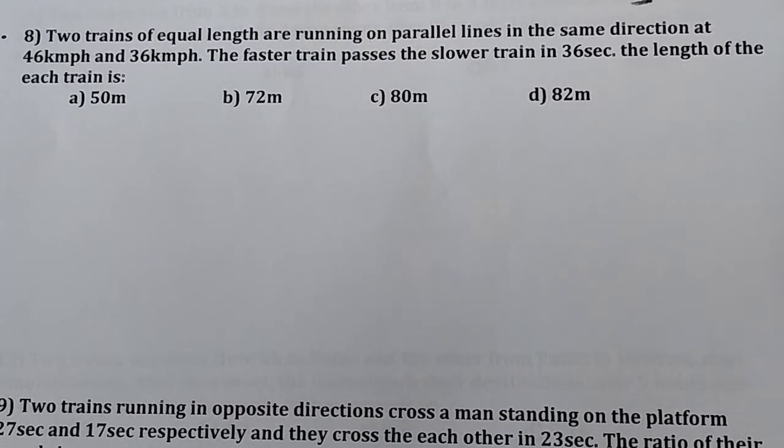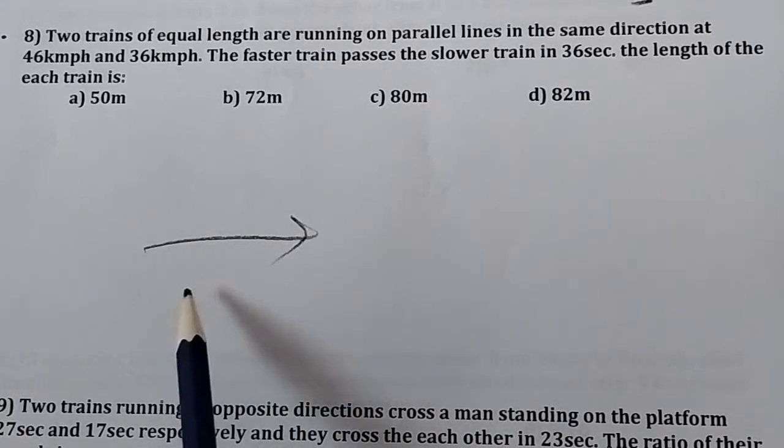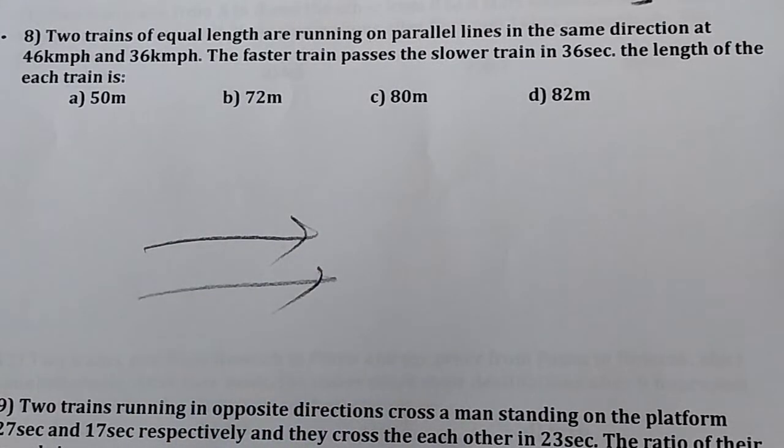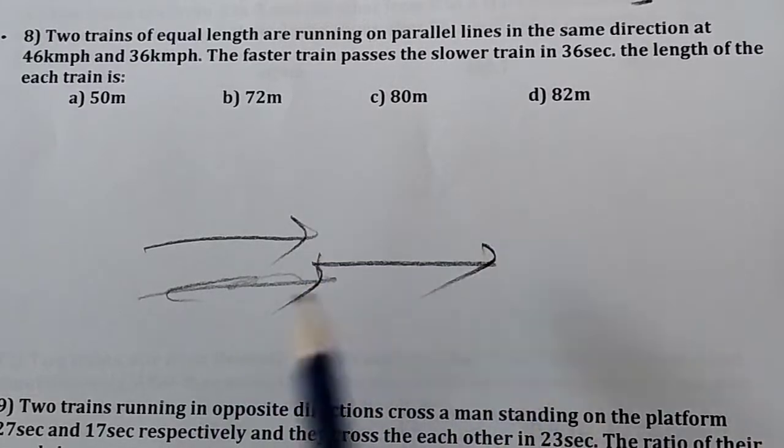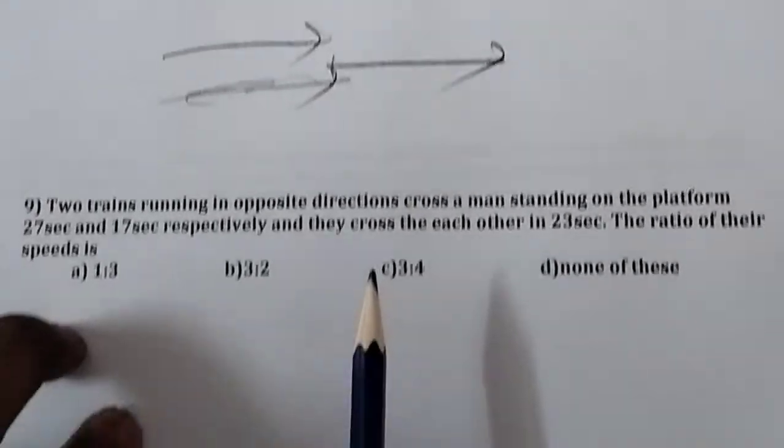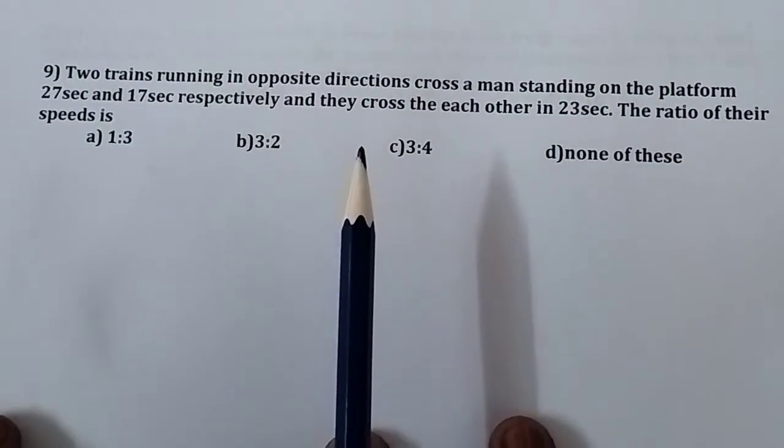The faster train passes the slower train in 36 seconds, like this. So two trains are moving in this direction. So different speeds, 46 kilometers per hour, 36 kilometers per hour, both are moving in the same direction, means relative speed is the subtraction between those two. That means 46 minus 36, 10 kilometers per hour. Okay, I hope you can do that problem on your own.